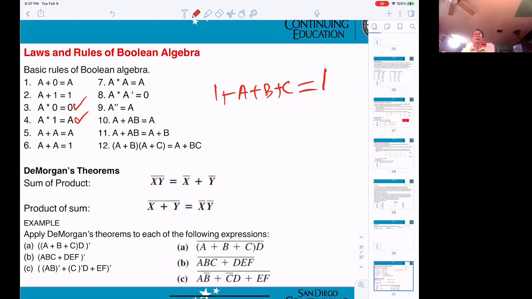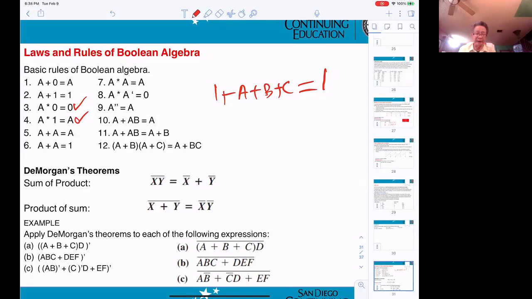Or they're not 0, they're 1. A or A, you cannot get 2A. We don't have number 2. So it must equal A. A 0 means you get 0. A 1, you get 1.